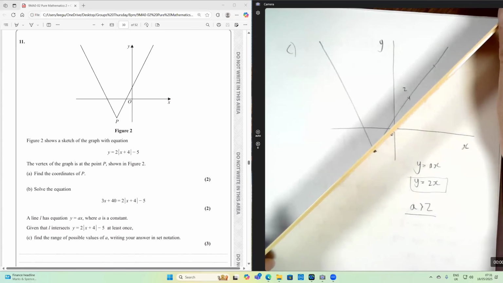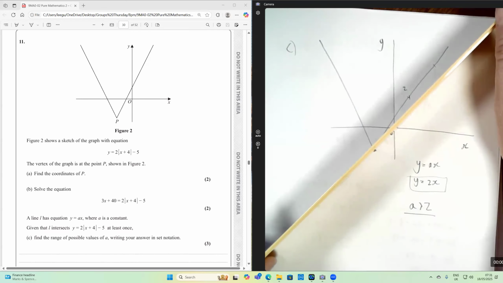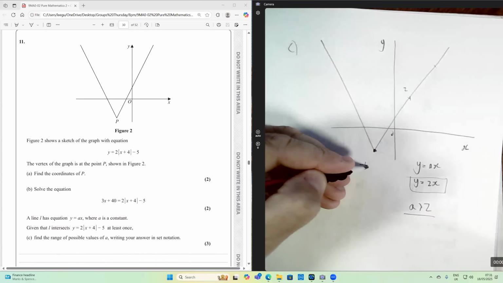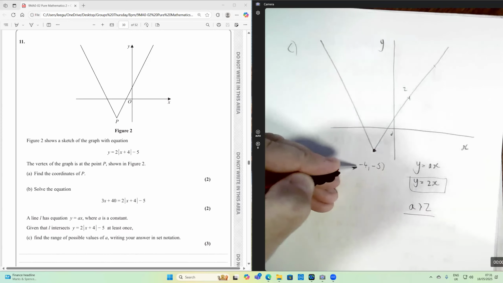Now let's think about this, okay? So this is where we have back to having one point of intersection, and we need to think about where on earth is this point. Well, we said earlier in the question that the vertex of this point had coordinates, let's write it on, -4, -5, okay?